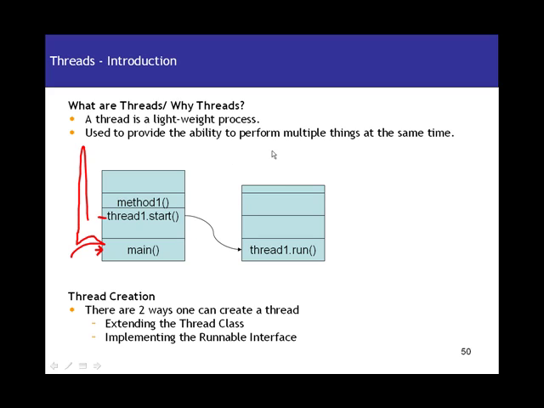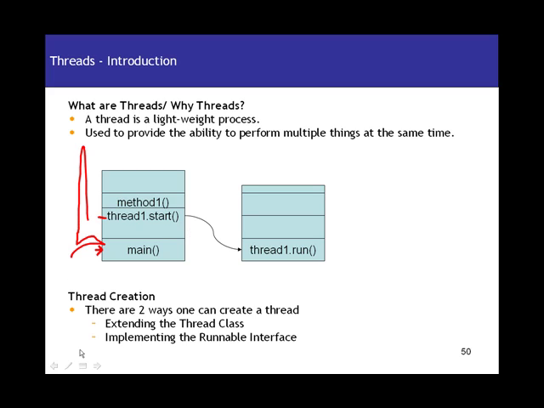It allows us to perform multiple things at the same time. So whatever is going on here will take place, and at the same time whatever is going on here will also be executed. So at the same time I have the ability to perform multiple things. So this is the basic concept of threads. Okay, so we'll look into more details in the later slides.